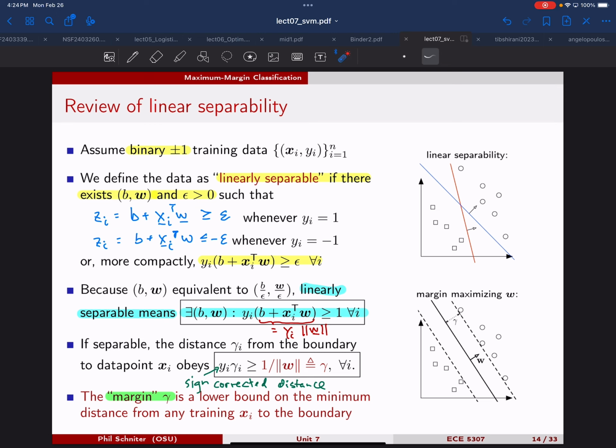They're all positive, and we can really think of them as distances. And then this says those positive distances are all greater or equal to some number. So that number, the margin, is basically the minimum gap between the boundary and all points in the data set.